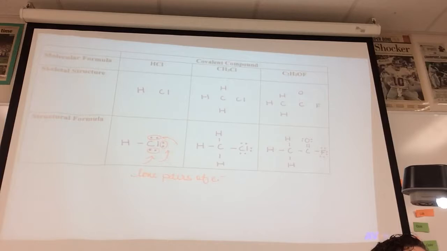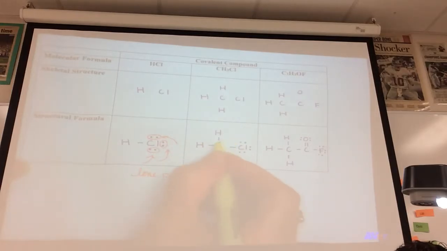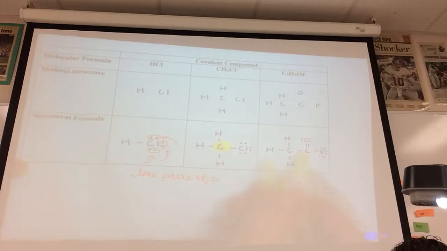Other terms that you want to be comfortable with include central atom. A central atom is connected to at least two atoms. So for example, carbon here is connected to one, two, three, four. So highlighted in yellow would be the central atom.